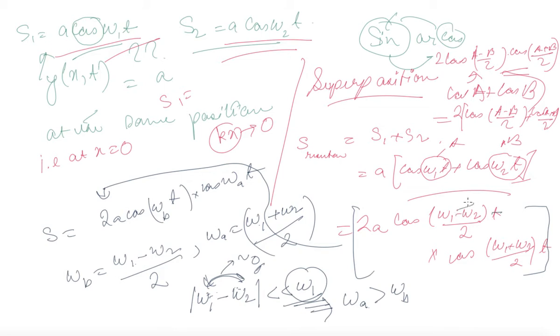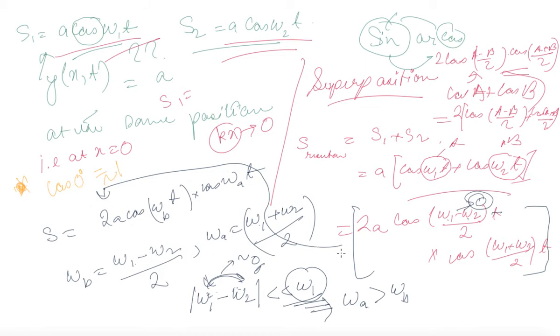Now if this quantity tends to 0, please look over here, cos 0 degree is equal to 1, or tends to 1. If this quantity is very small, it will tend to 0 and the cosine will tend to 1.